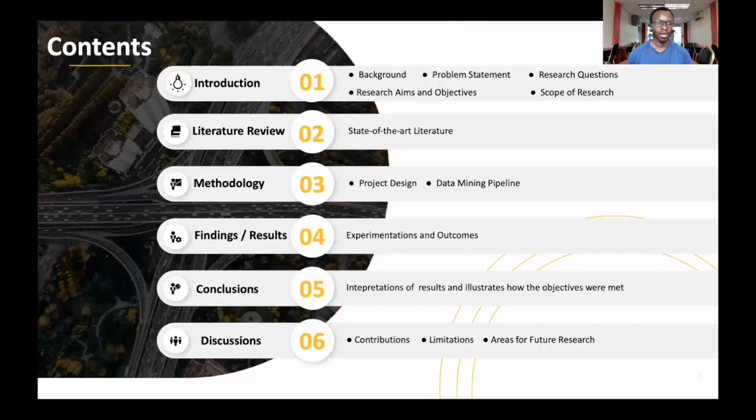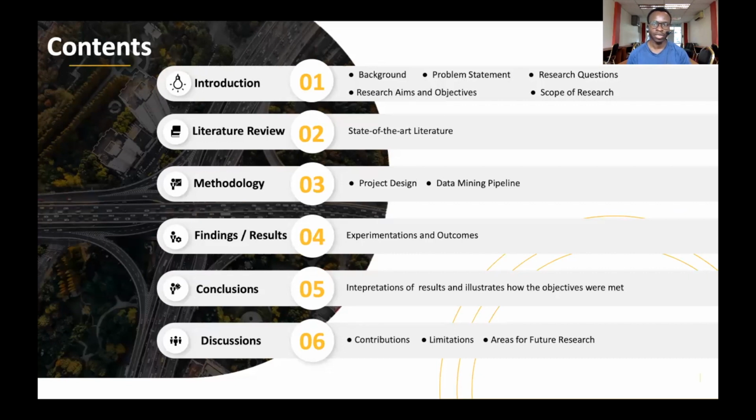Okay, so this project was split into 6 different chapters. The first being introduction, which looked at understanding key findings that were instrumental in propelling the continuity of this project. Problem statement was basically understanding what this project is meant to solve.